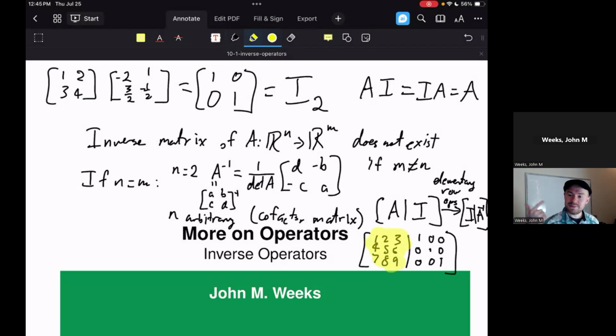If I went through and attempted to complete all of the row operations to get this matrix A to look like the identity matrix on the left-hand side, I would be unable to complete it, because no matter what row operations I did, I would always get a row full of zeros, also sometimes just called a zero row, in that matrix, which is not what the identity matrix looks like. It's got to have a 1 in every row instead. So no matter what row operations I would do, I would always fall short.